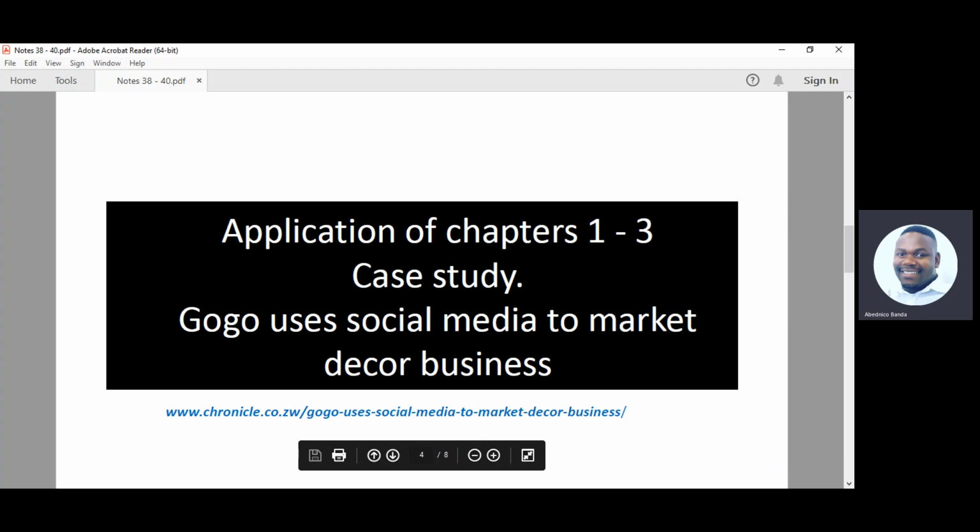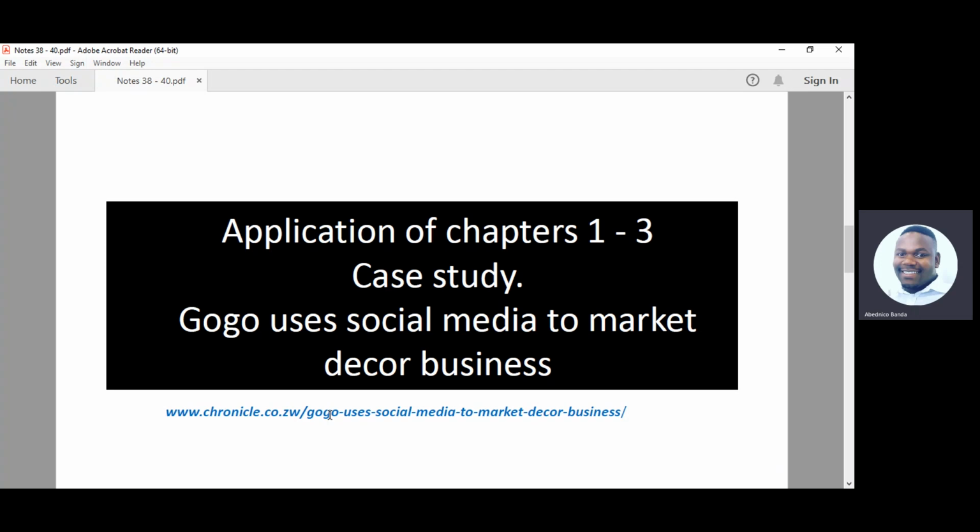It can also be argued that the events planning businesses are always linked with the younger generation. But here we have got a senior citizen who can carry out events to provide deco business to her clients. So let's have a look at this press release and see how Gogo uses the social media and what kind of social media.